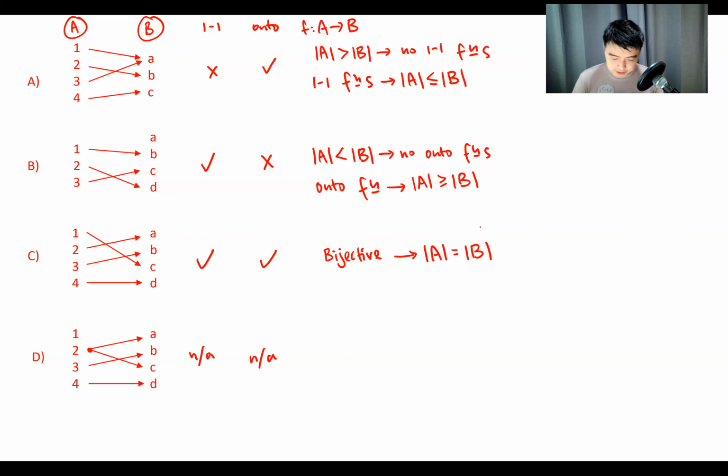There's one last thing that I want to talk about in terms of onto functions. Again, the definition of onto is that every output is used at least once in the function. But we had a special term in the last video for the outputs that are actually used in a function.